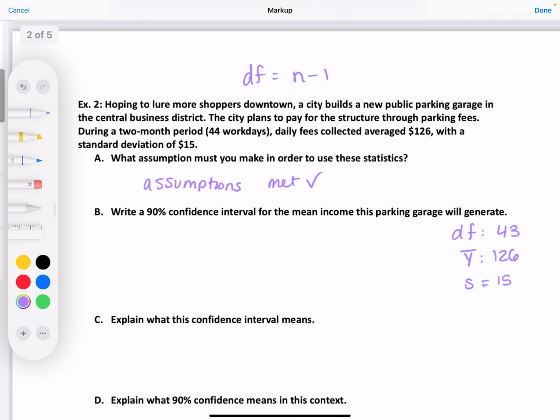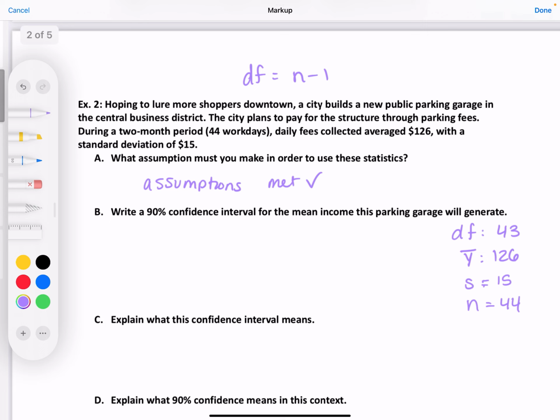And n was 44, we already said that. I write all of that because there's a couple different ways you can do this. Depending on which method you take, by hand or by the calculator, I'm going to show you both, but you would need different pieces from what I just listed.